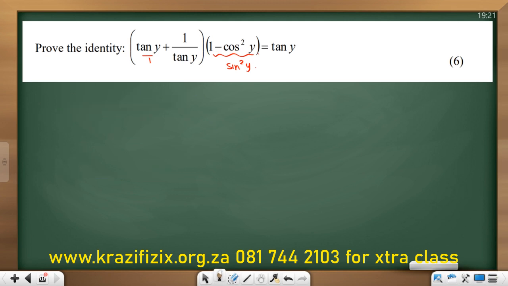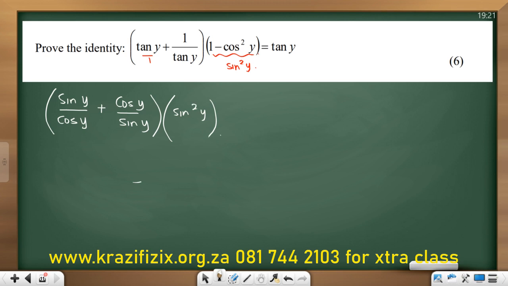What is tan y? It is sine y over cos y, plus, what is 1 over tan? It is now cos over sine, okay? This might actually help us more. And then here, 1 minus cos squared, we said this is sine squared y. Let's see where this would lead us.